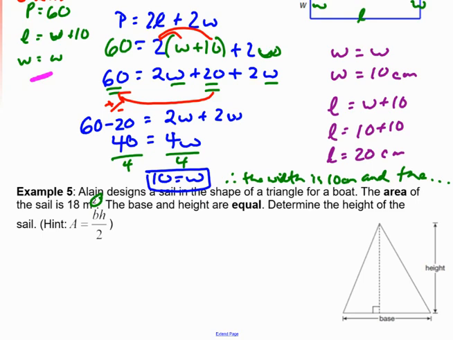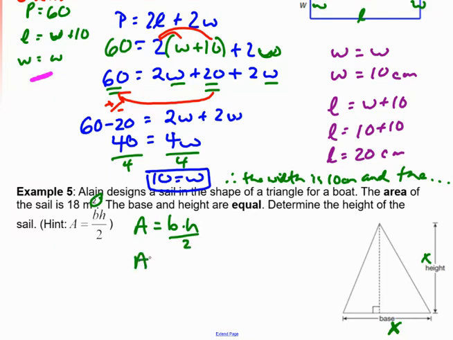All right. Well, if we know that the base and the height are the same, we could give them the same measurement. So here's my suggestion. That the base we're going to call x, and the height we're going to call x. And so if we substituted this in, we could say A equals base times height divided by 2.